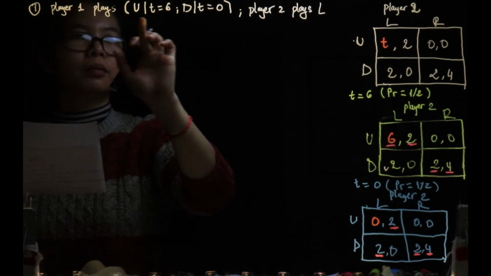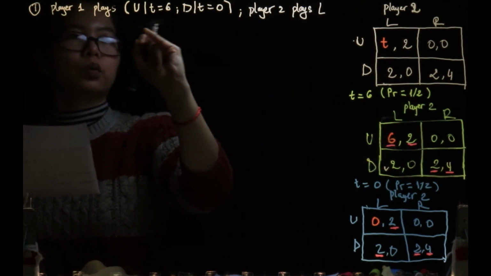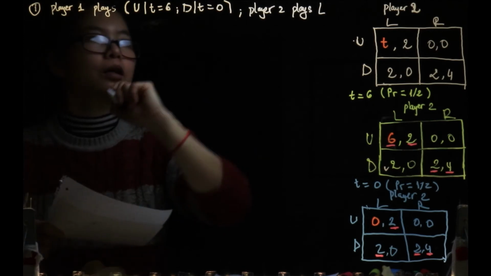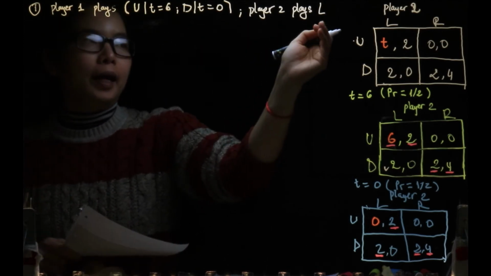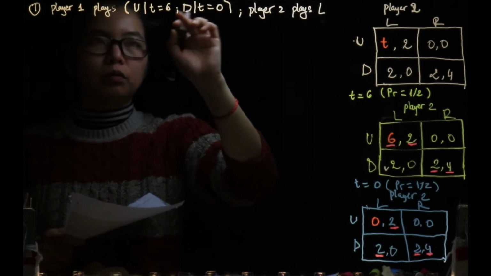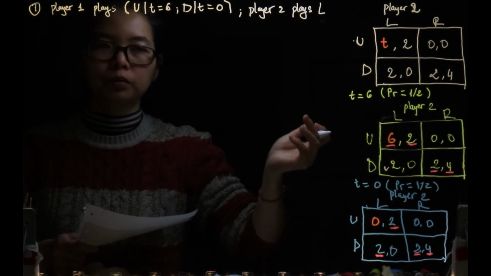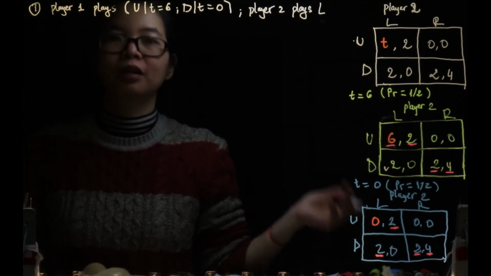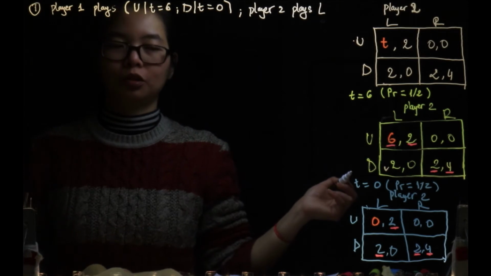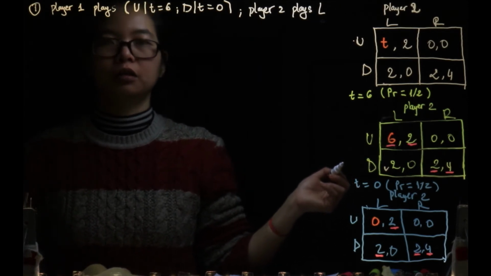So potentially it could be a Bayesian-Nash equilibrium, but we have to check, okay? And again, why is it only left, nothing else, not with t equals 6 or t equals 0? Because player 2 does not observe the type. So he has nothing to condition on, right?